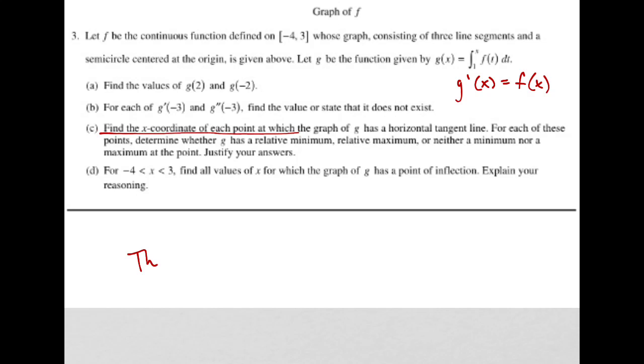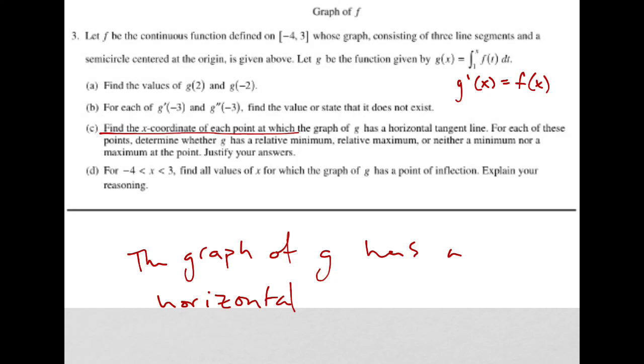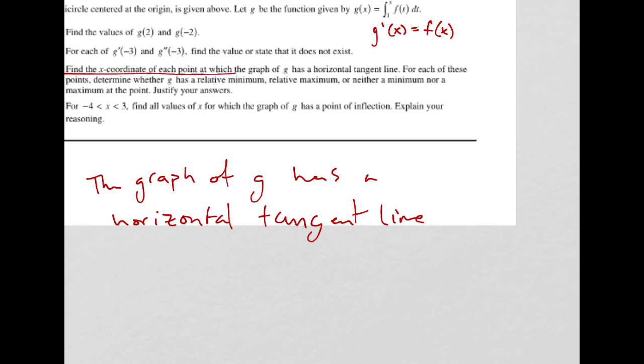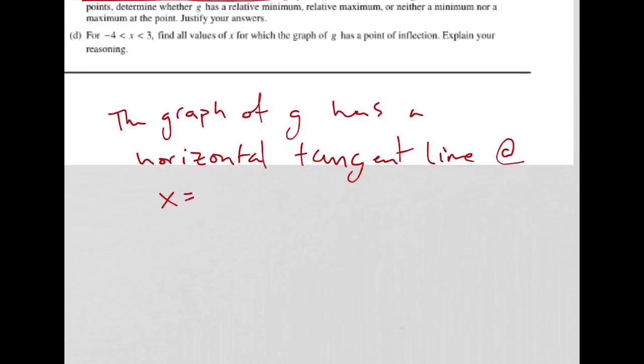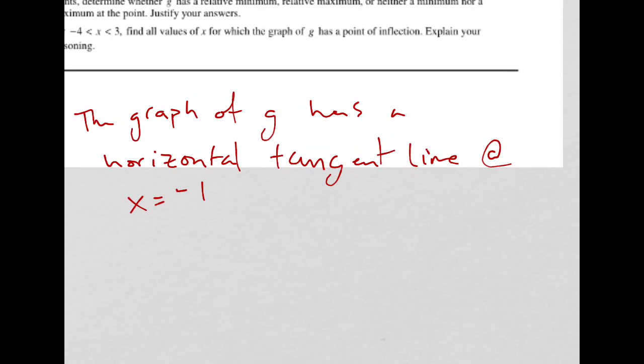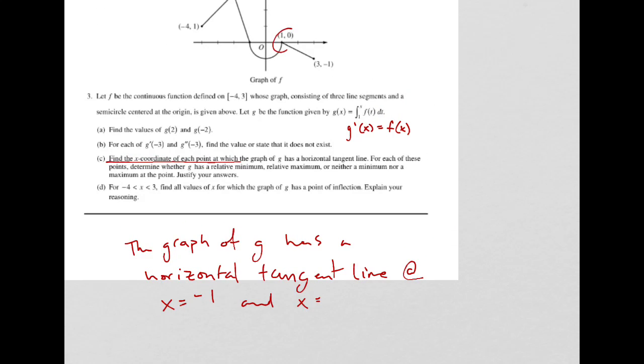So I would say the graph of G has a horizontal tangent line at x equals -1 and x equals +1.